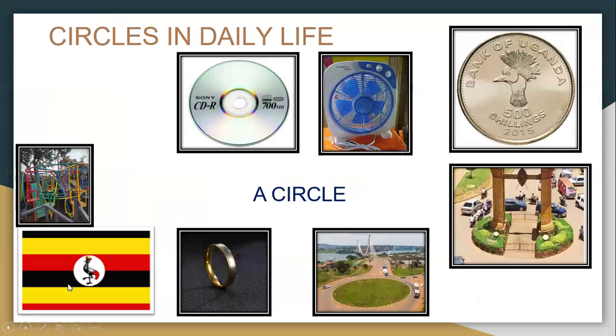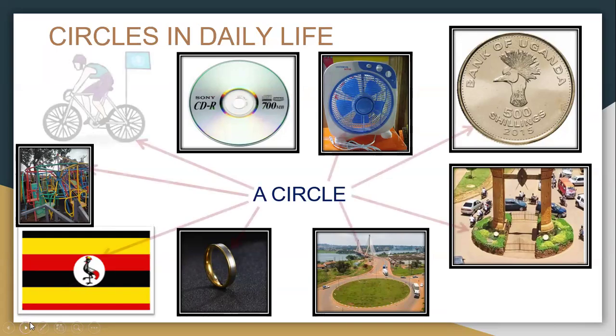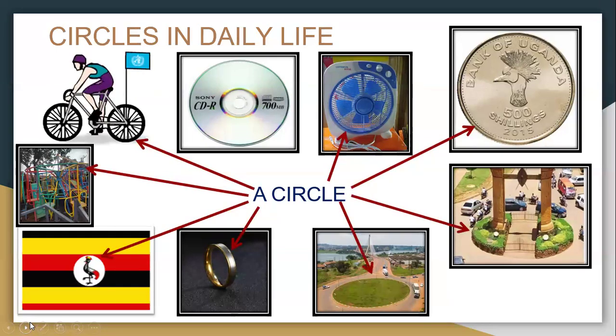Now, when you look at my screen, you can tell the different ways through which circles manifest themselves in our daily life. You can easily tell that some of these things are common to you at home or in the things you interact with in daily life.